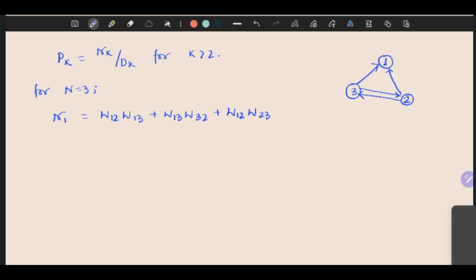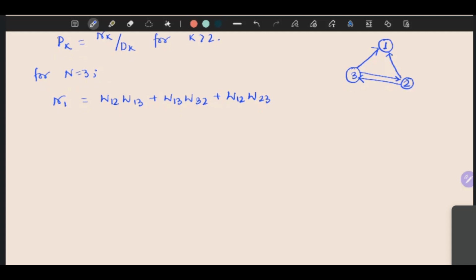So basically you will get the transition probability like this. And similarly you will get this kind of equations.